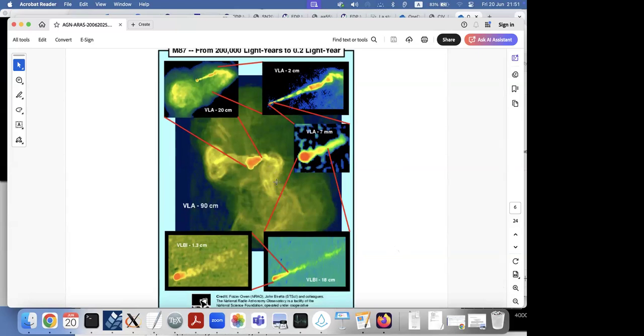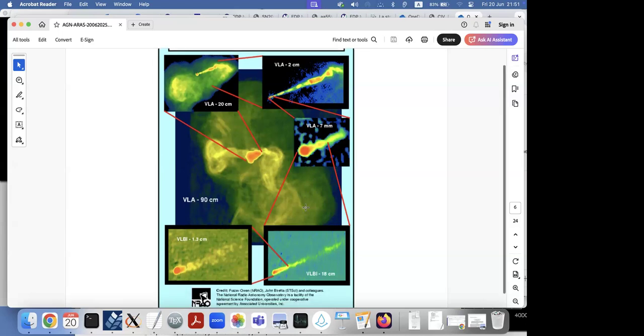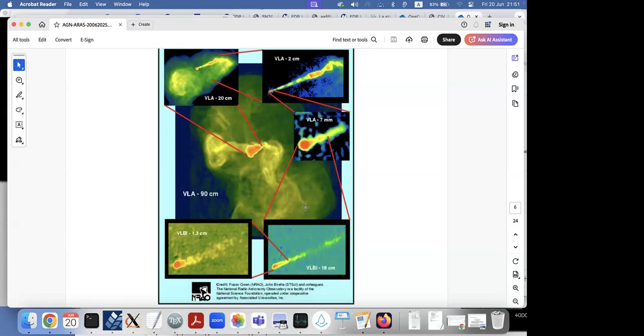But we know that the central object here is extremely massive because there were HST observations in the 90s that showed the emission lines from the narrow line region around this central object had velocities at parsec scale of 1,000 kilometers per second. Okay, so this is a radio galaxy.